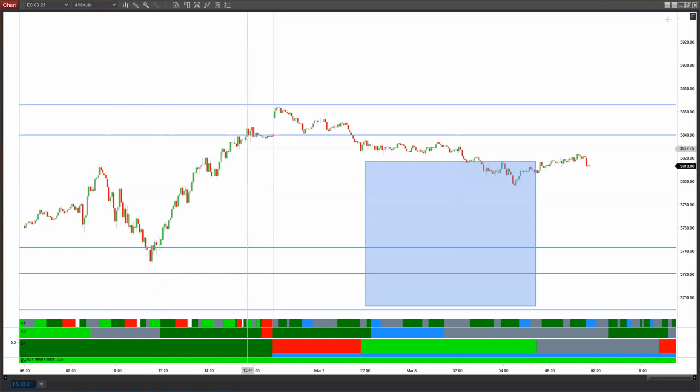Now you see the vertical line is the session break from Friday afternoon until Sunday evening when the market reopens at 1800 Eastern time. But at that point we are in a red zone, which indicates that the downtrend would be the dominant trend. So you can see overnight we trend down and we come into this area of the low.